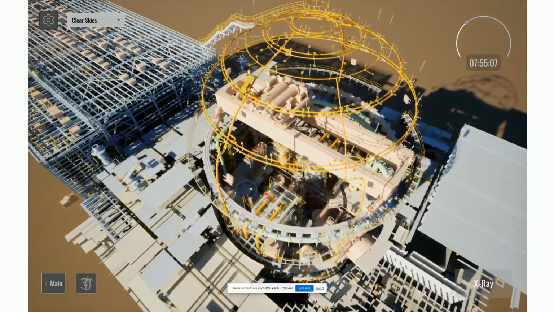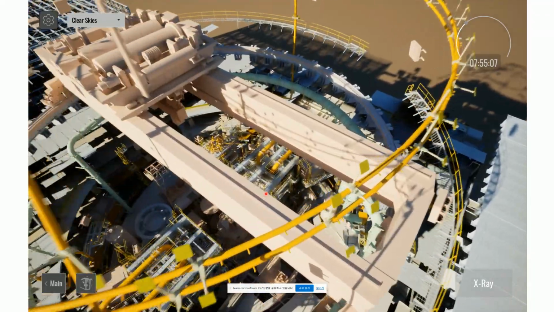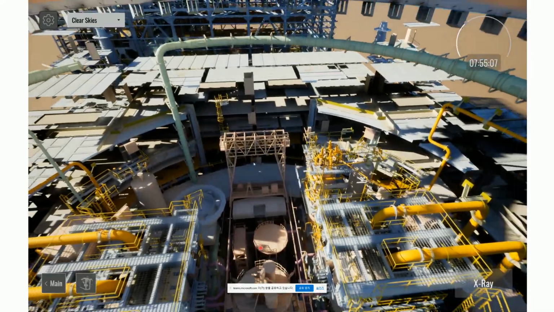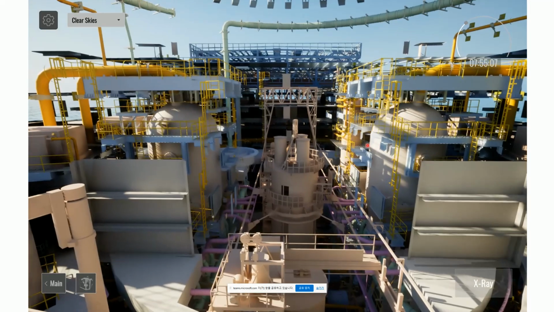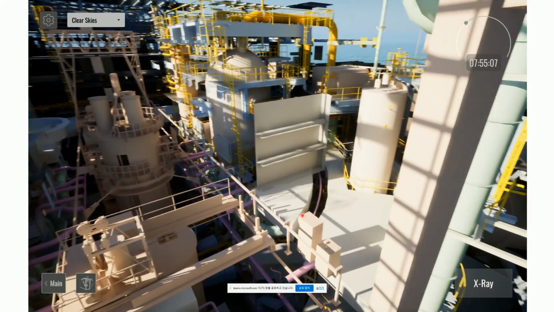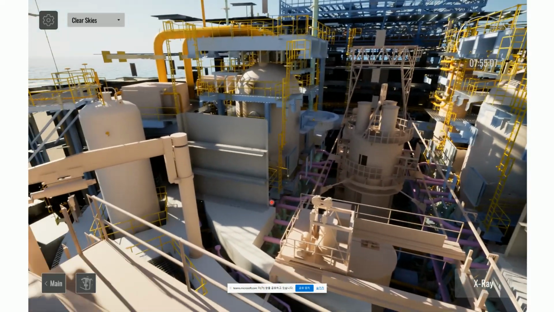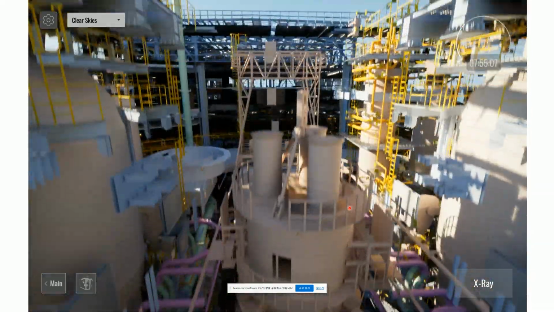Now we are going into the containment. So this is the reactor core, and we see the 2 steam generators. And we'll go below.